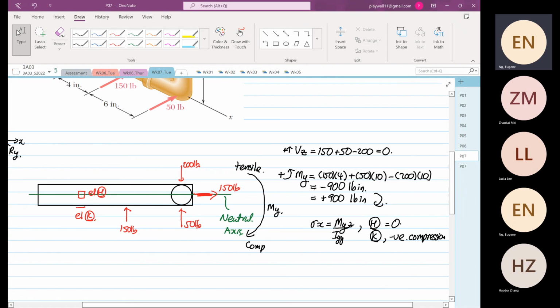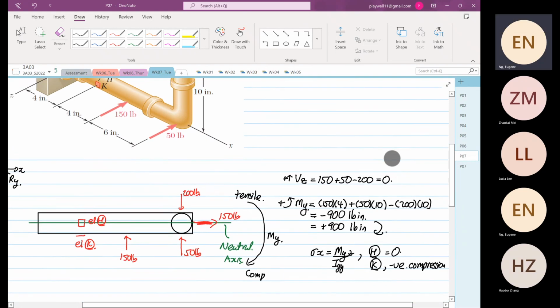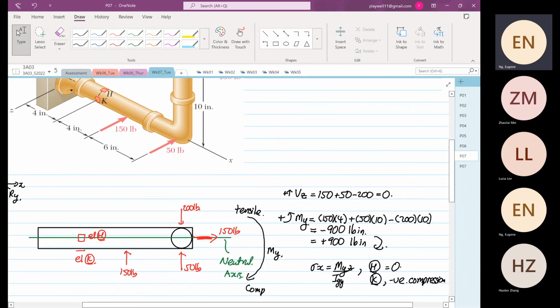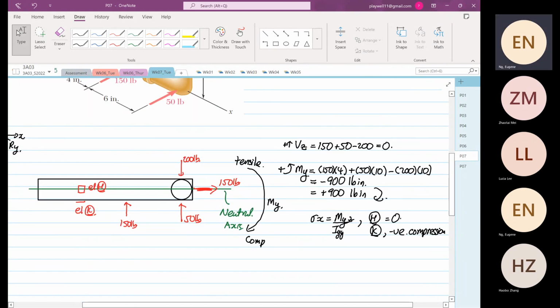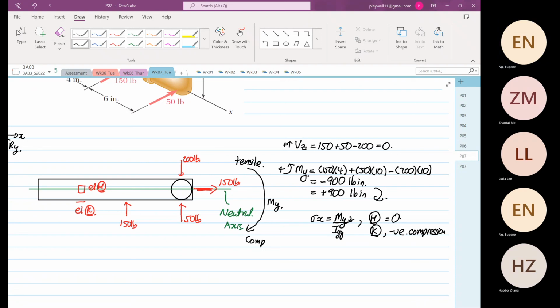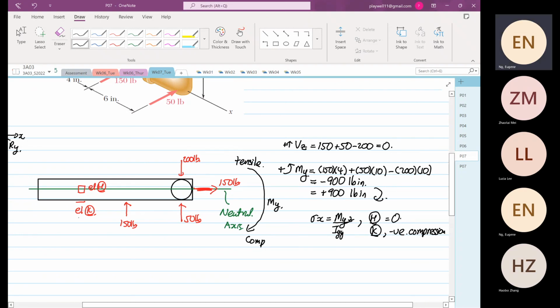Okay. Now, what is interesting is how we calculate the moment. Okay. So if we look at My, the distance that we take is towards the element.